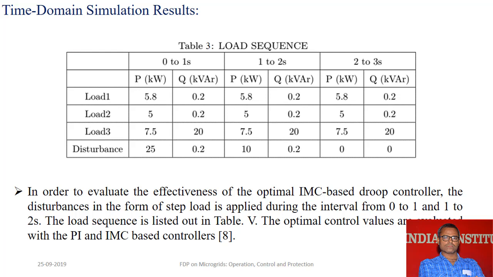In order to evaluate the effectiveness of the optimal IMC based droop controller, that is IMC plus optimization of the parameters, the disturbance is in the form of a step load applied during the interval from 0 to 1. The optimal controller is evaluated against the PI and IMC based controllers.